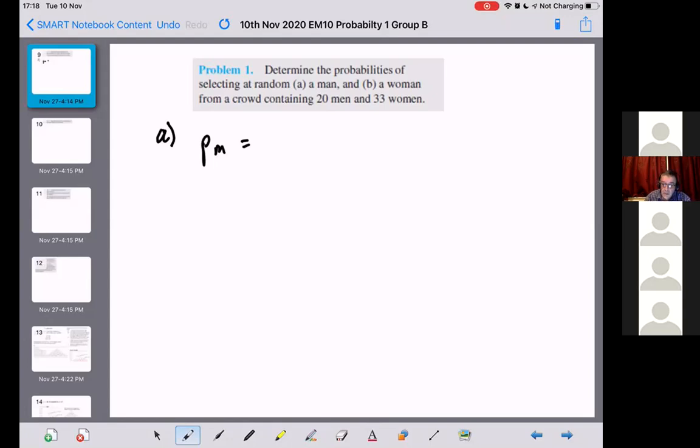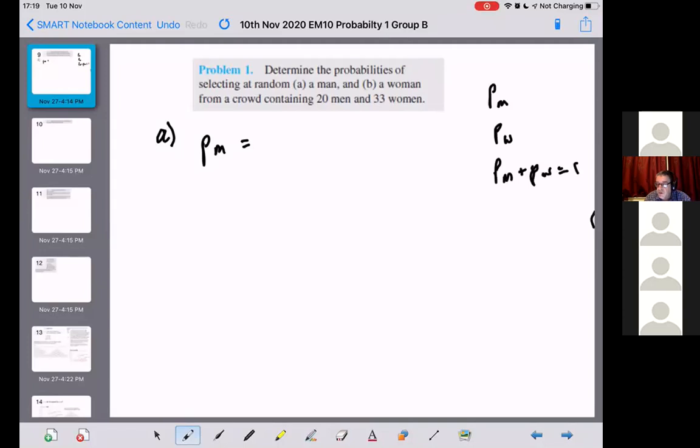That was using the first formula, which was P equals 1 minus Q. Yeah, but to do that, we know that if PM is the probability of a man, and PW is the probability of a woman, PM plus PW equals 1.